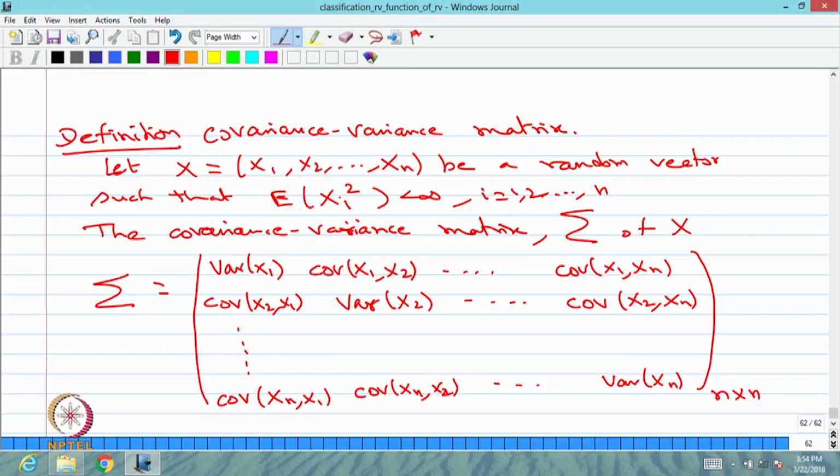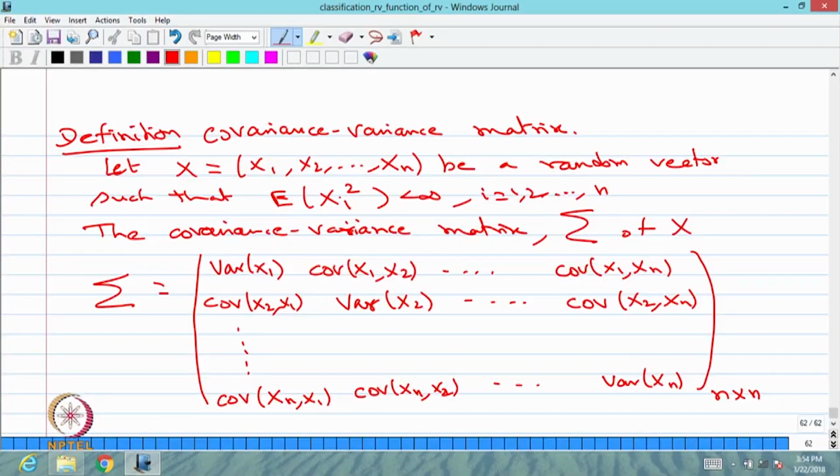We are creating a covariance variance matrix for n dimensional random variable. Therefore, this matrix is always n cross n, whose diagonal elements are variances of individual random variables, and the other elements are covariance of xi with xj for the ith row and jth column.